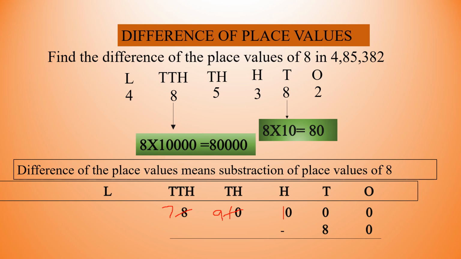Now again, this 10 in hundreds place will give 1 to 0 in tens place. So 10 in hundreds place will become 9 and 0 in tens place becomes 10.